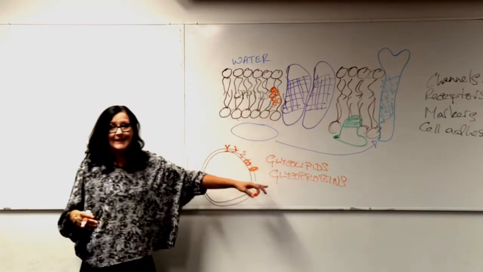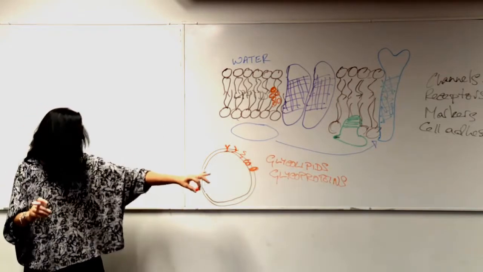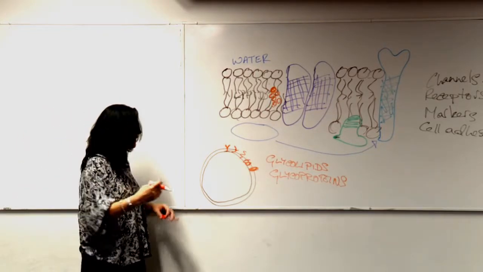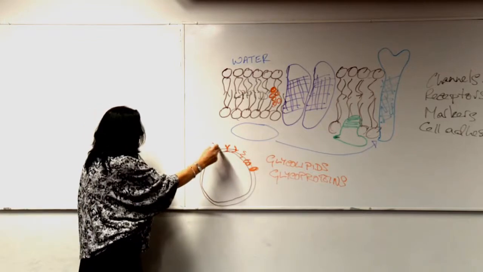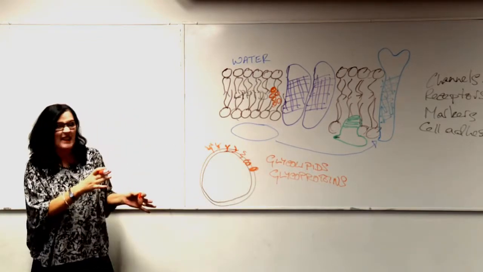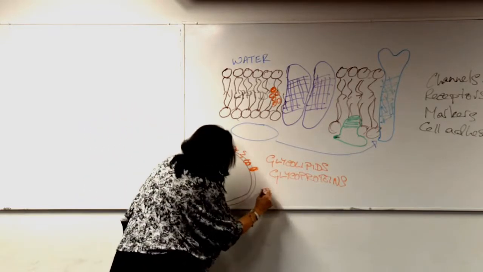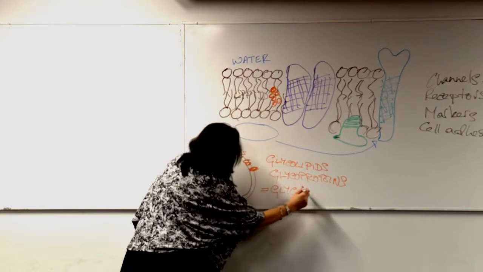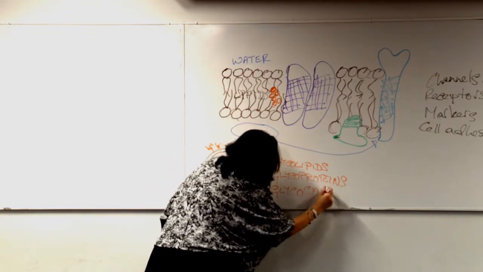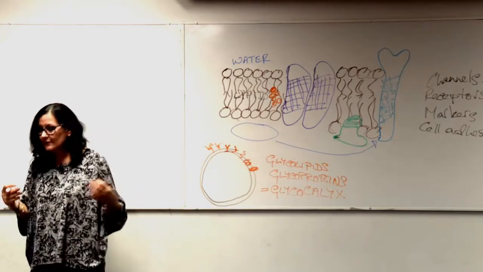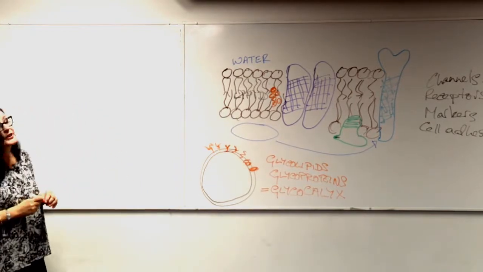Because they're all glyco, they're all carbohydrate, they're all sugars, they give the sugar coat to all cells that basically makes it look like some sort of fuzzy thing. This equals the glycocalyx. Calyx, coat, glyco for sugar, sugar coat. So your cells are sugar coated.